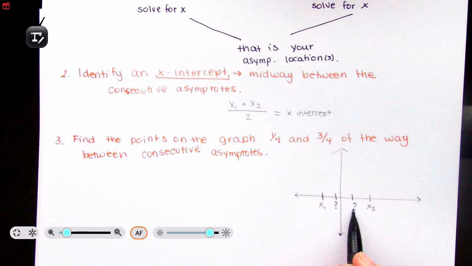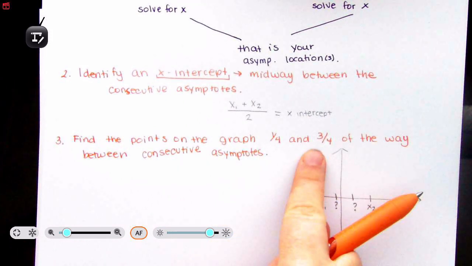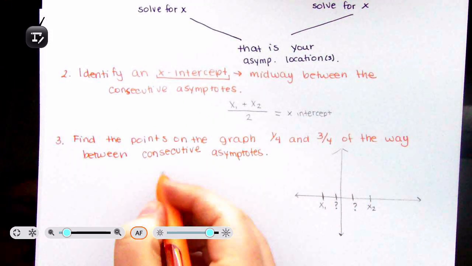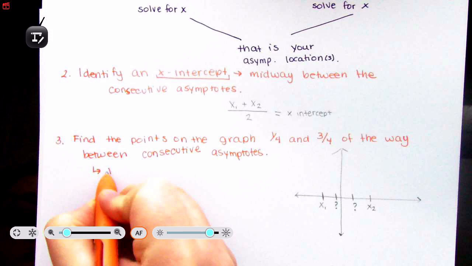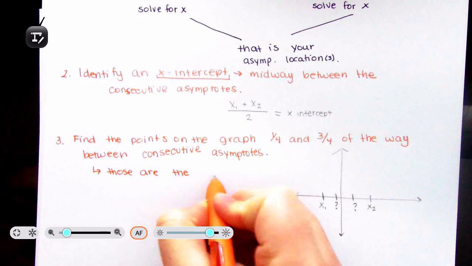Once you have these values, you're going to use your A or your amplitude to find out what the Y value is. So find the points on the graph 1/4 and 3/4 of the way between your consecutive asymptotes. Those are the X coordinates.